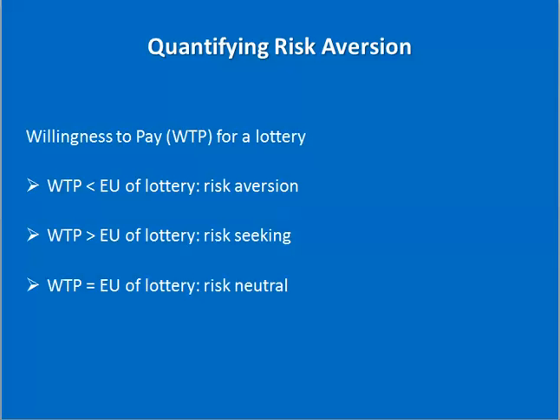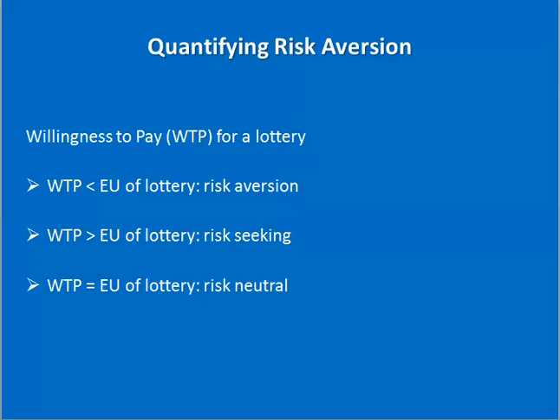We would like to quantify risk aversion, which is not constant between individuals, nor is it constant amongst a certain individual. This is done by asking the willingness to pay for a lottery, such as the aforementioned lottery.